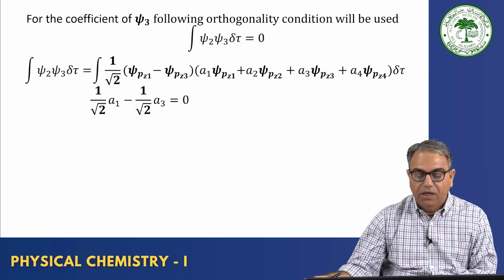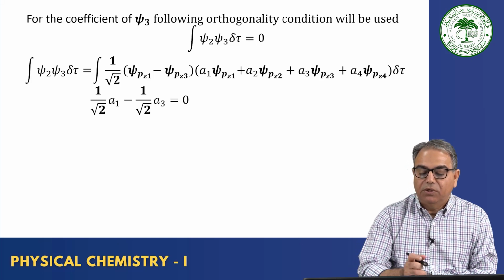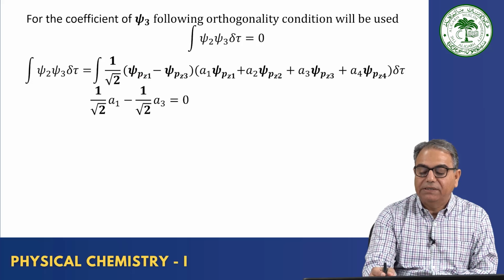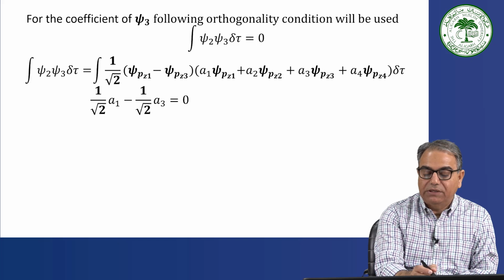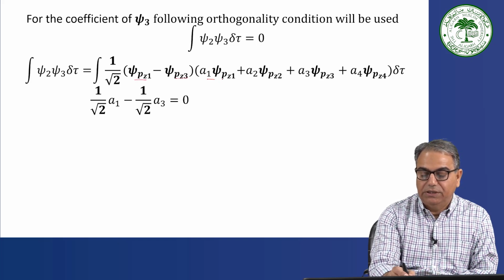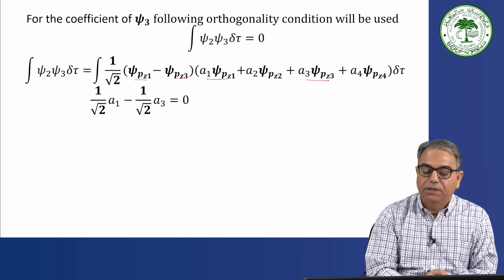If you solve this and look just at the similar terms, you neglect all the cross terms, because the integral of psi pz1 multiplied by psi pz2 is an orthogonality condition and will become 0. So the only terms which remain are the pz1 and pz3 terms, that is, the a1 and a3 terms. The rest will become equal to 0.